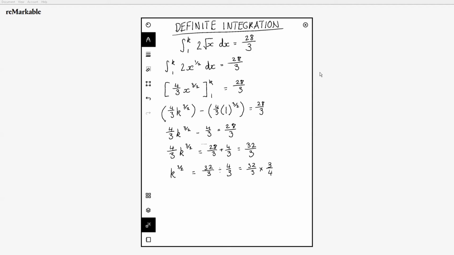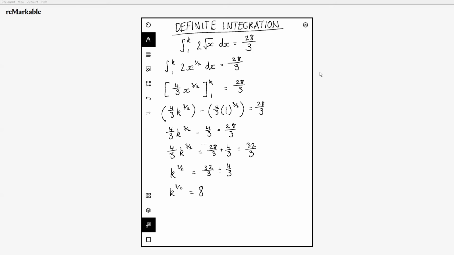Obviously, you can just do that in your calculator if you want. So if you put that into your calculator, then k to the power of 3 over 2 equals 8.